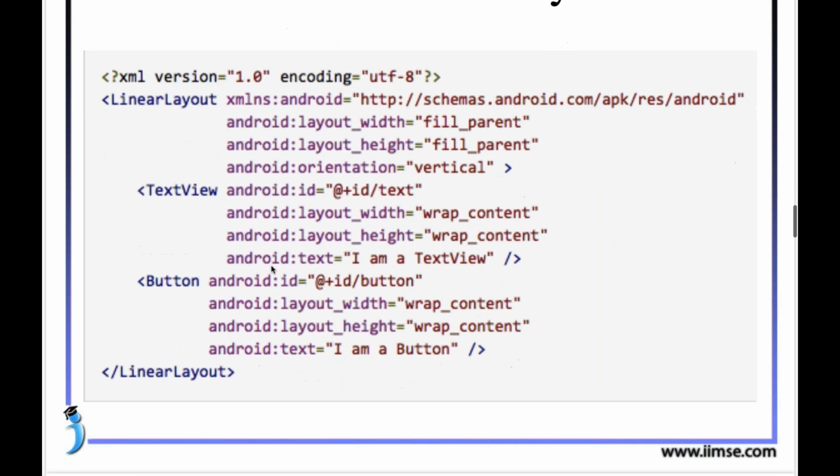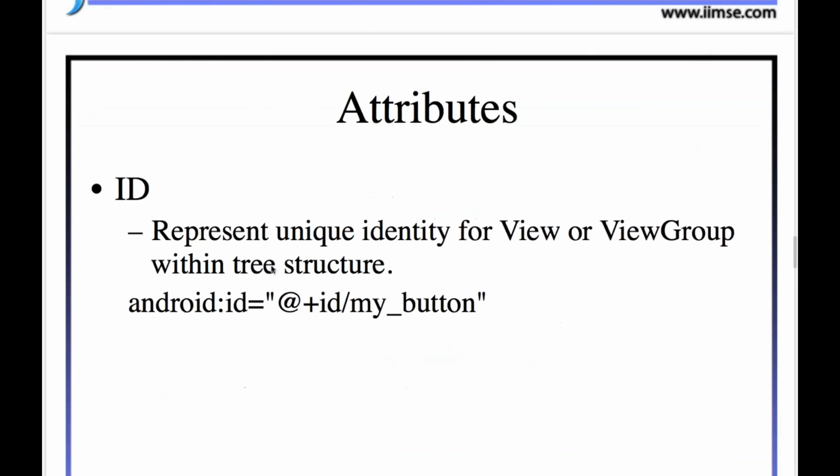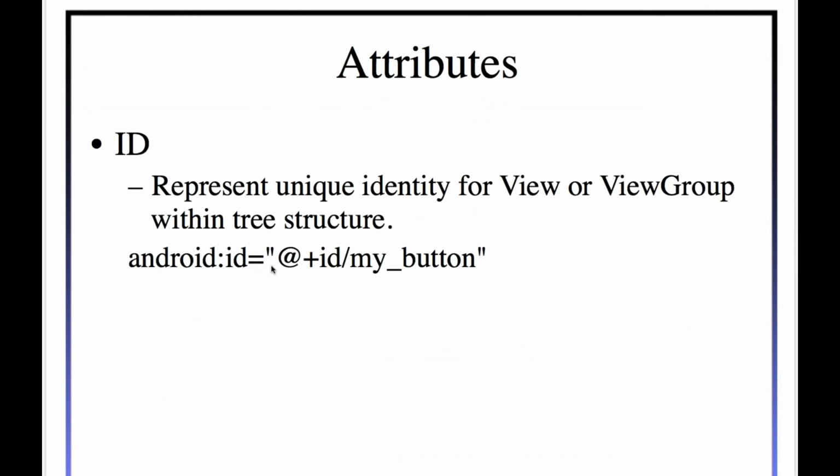So the first attribute is nothing but the ID attribute. This attribute represents a unique identity for your view or view group. That means you can apply this ID attribute to layouts and to components.